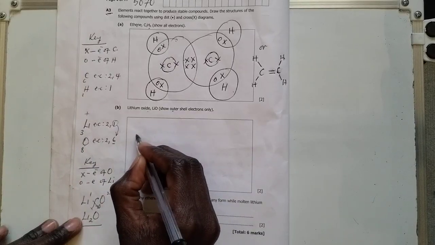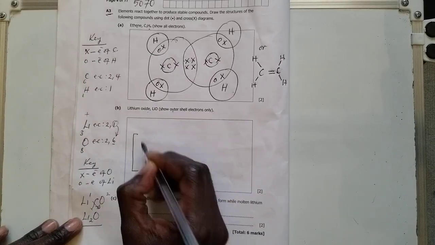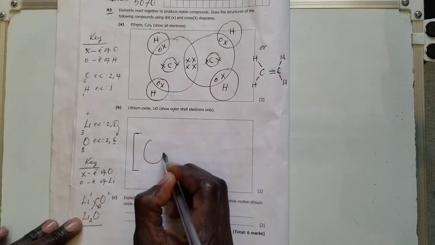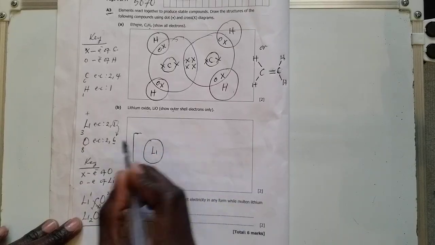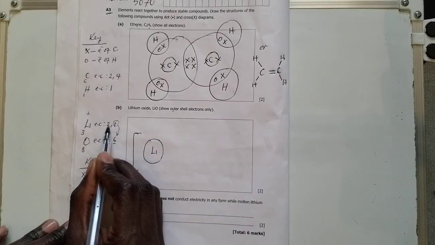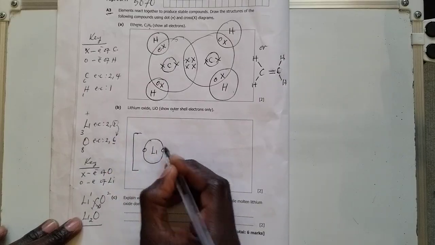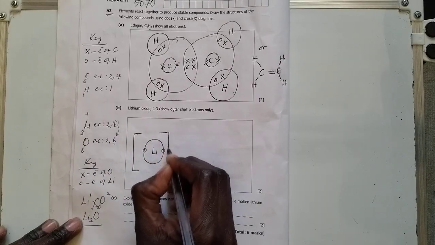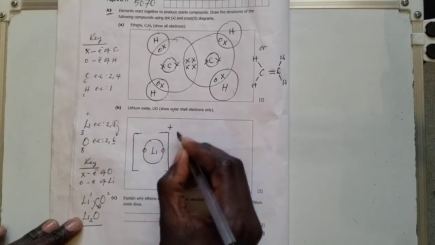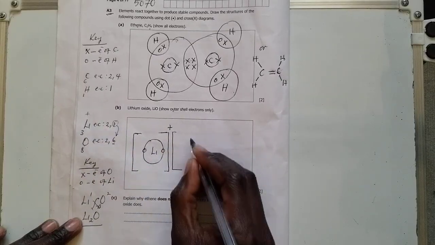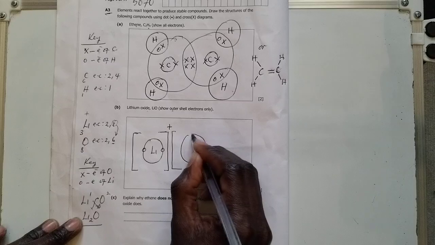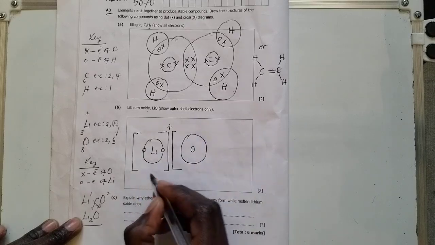So if this is lithium, when it gives out an electron, it will remain with 2 in this case. So you are going to have 2 electrons, but it would have actually given out 1. Then I'm going to put up the oxygen. So oxygen has how many in the outermost shell?